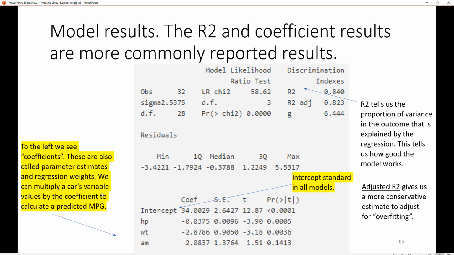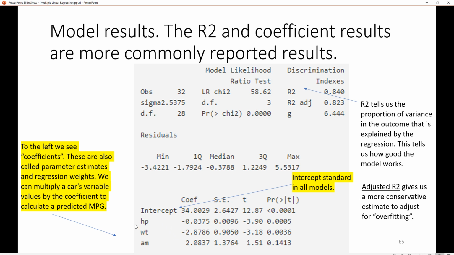To the left, we see coefficients. That's HP, WT, and AM. AM is an automatic or manual transmission. A value of 1 here is for the manual transmission. These are called parameter estimates and regression weights. They're the same thing. We can multiply cars' variable values by the coefficient to calculate a predicted miles per gallon.